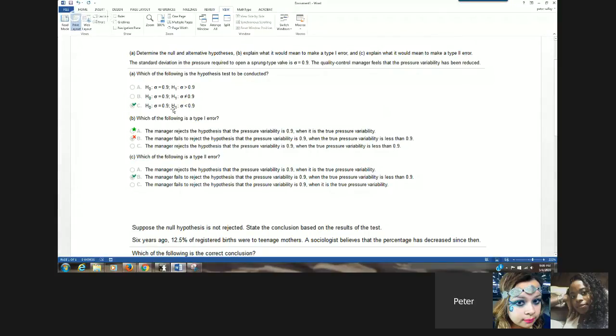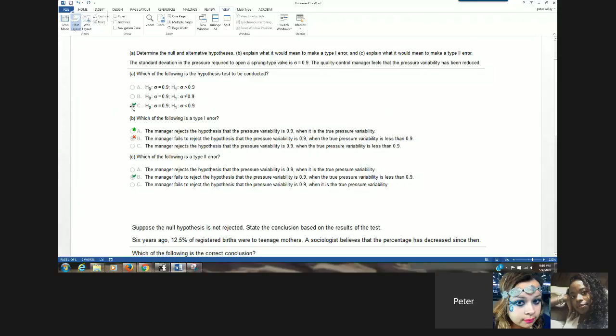Okay. Now, when it comes to type 1 versus type 2 error, well, I went out to gather data because I suspect something has changed. So type 1 error occurs when I go out and gather data and I think I'm successful, but I really shouldn't have been.